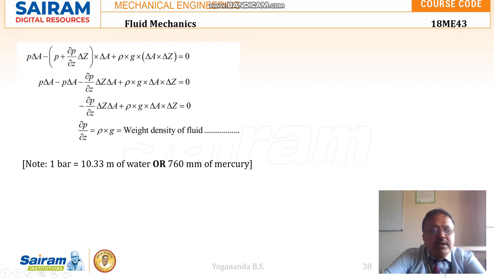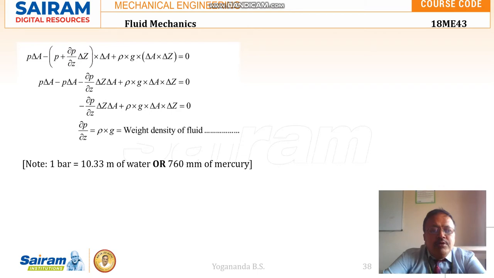Integrating del P by del Z equals integrating rho g, taking del Z to the other side, integration of rho g into del Z. Integration of del P is nothing but P. So P is equal to the integration of rho g del Z. Rho and g are constant, so taking them outside the integration of del Z, that is Z. So P is equal to rho g Z. That is the hydrostatic law.